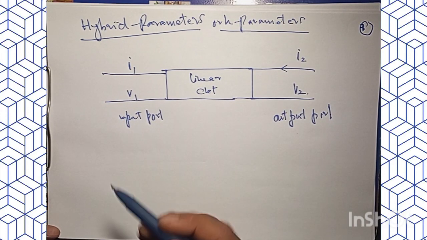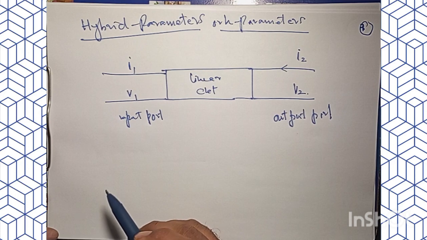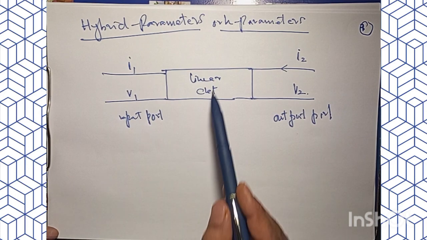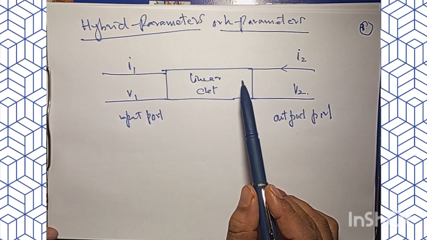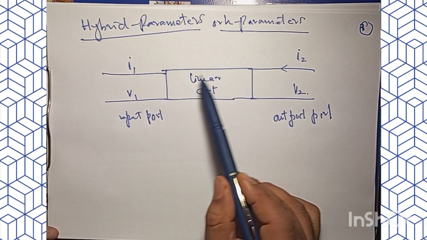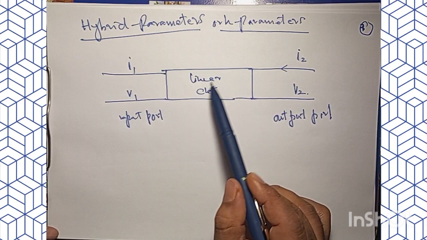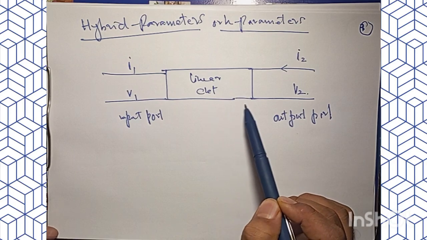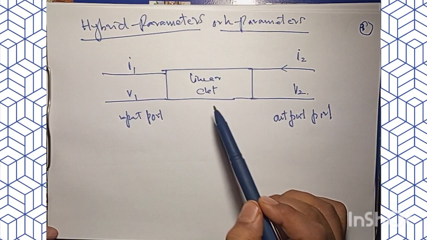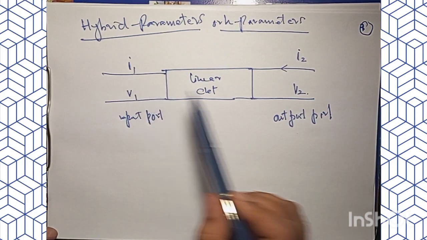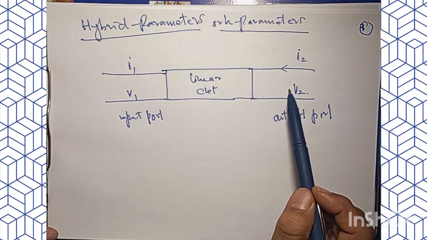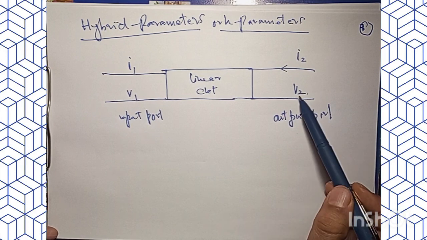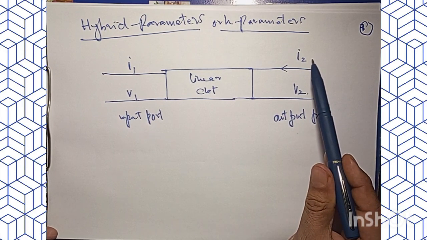If I have to go back to the concept here, what we do is we have considered a linear circuit, right? Containing the linear elements in it. Now, in this circuit, input voltage and current are shown by V1 and I1, and the output voltage and current are shown by V2 and I2. That's clear.